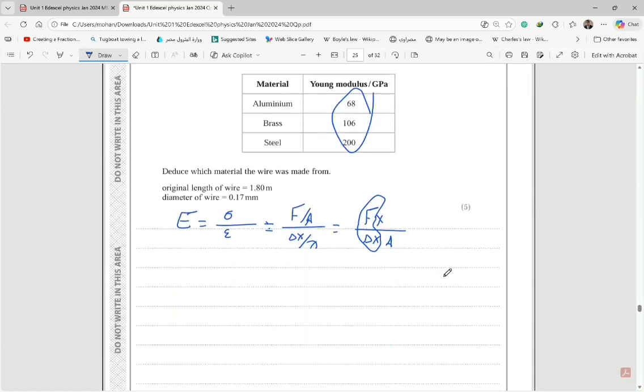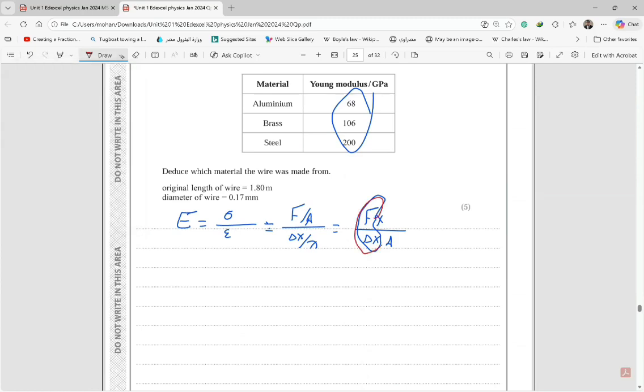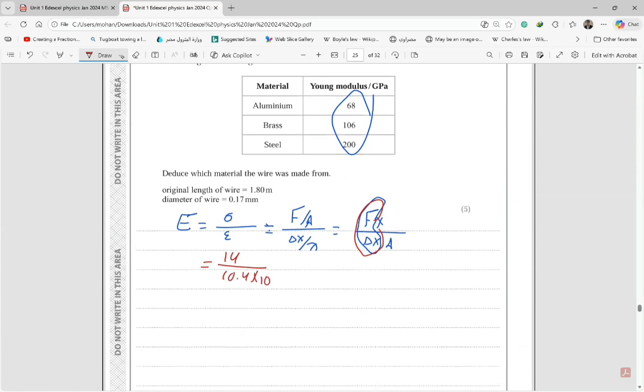Yes. So we have here 14 over 10.4 times 10 to the power of negative 3. Now we got this F over delta X multiplied by X over A. X is the length, which is 1.8, over the area.